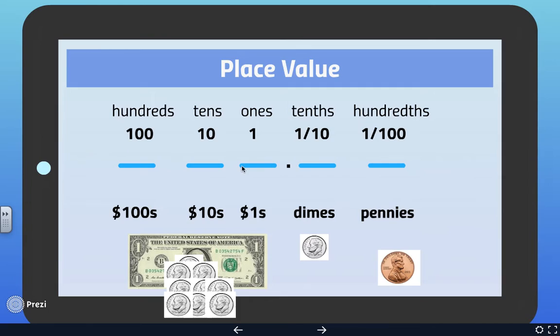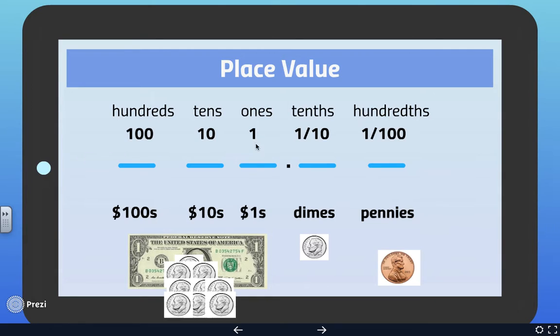Same thing here. It takes 10 of these to equal one of these. So when we go backwards, it takes 1/10 of it to equal this spot right here. So basically, one dime is 1 out of 10 that would equal $1.